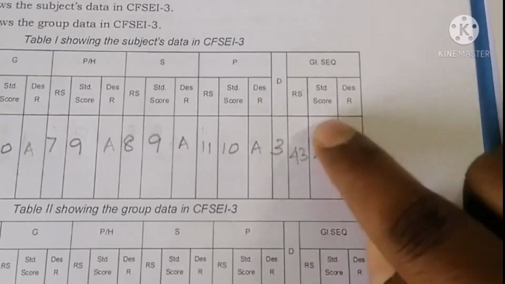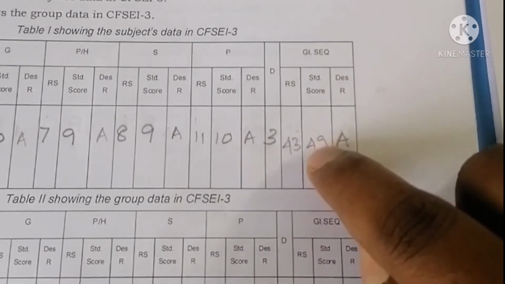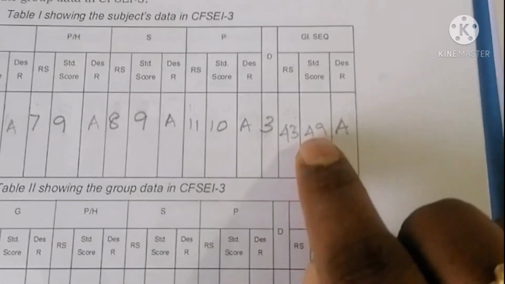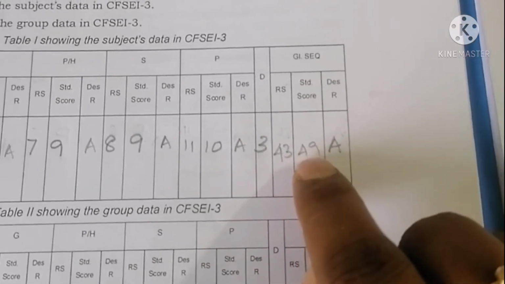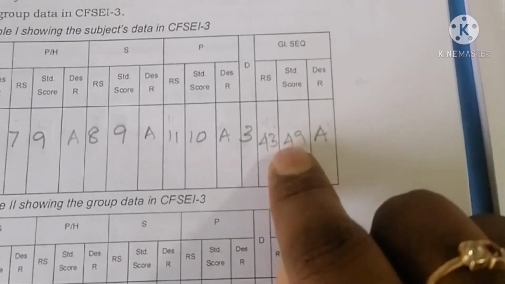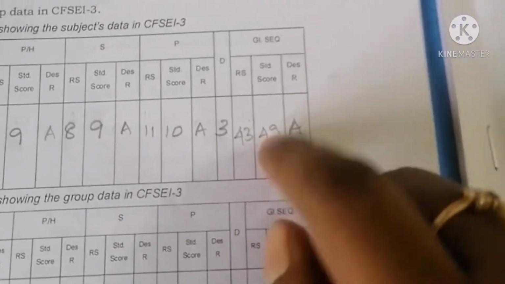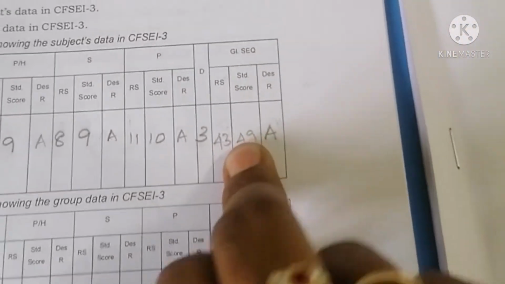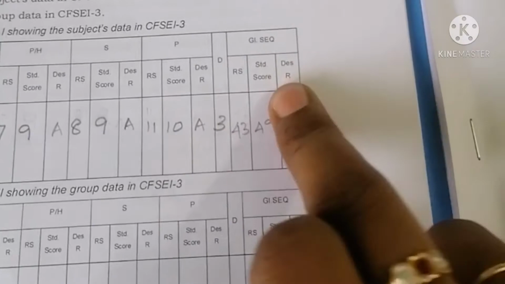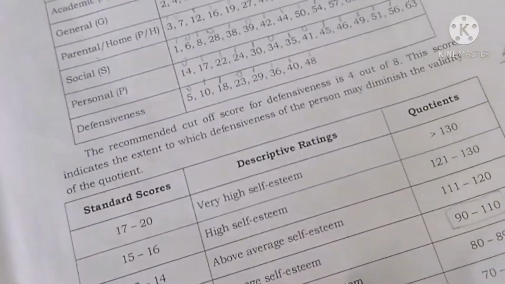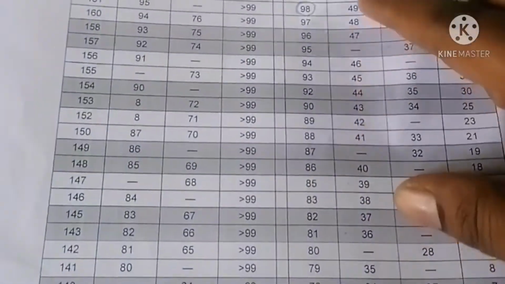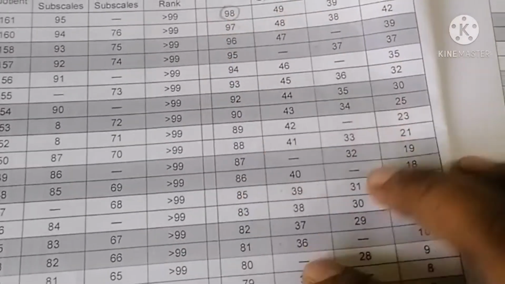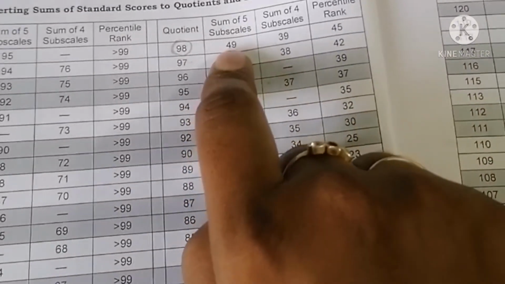After putting this score in this table, it is important for another finding. My global score is 49. The standard score is 49. For 49 you find out the descriptive rating by finding which scale and which quotient it comes under.